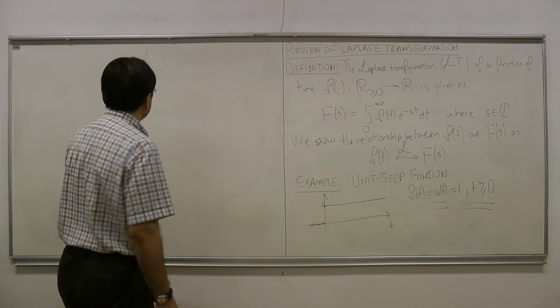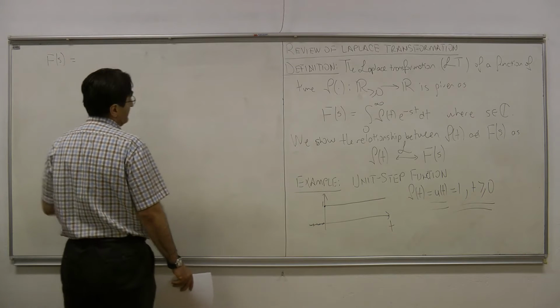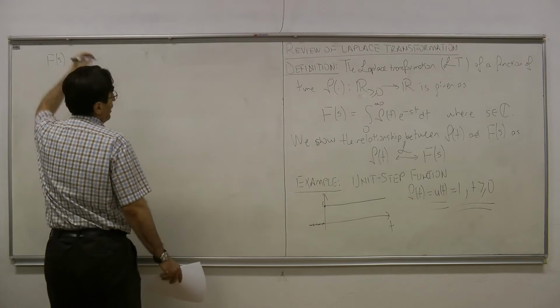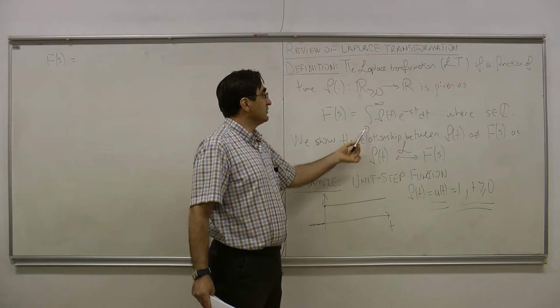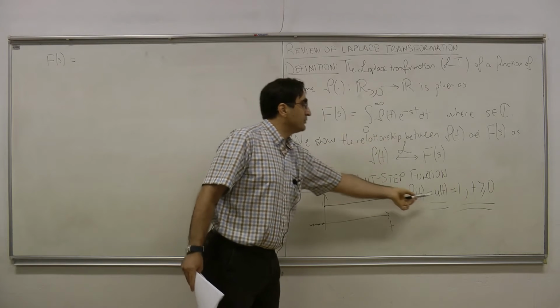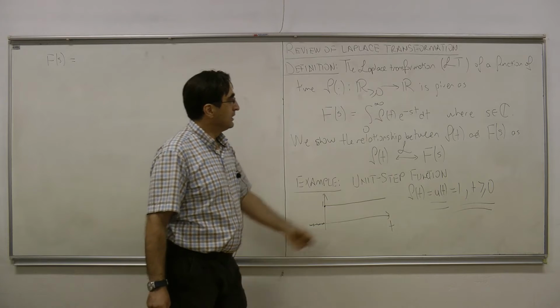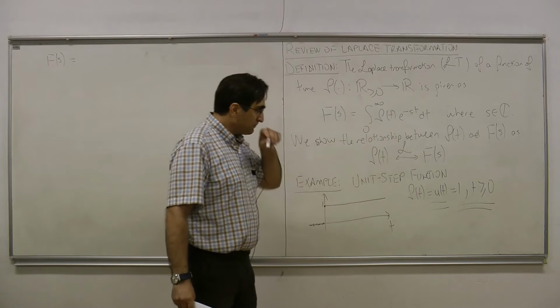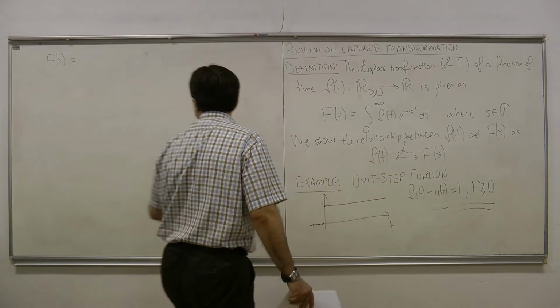So here let us calculate the Laplace transformation of the unit step. F of s is equal to, I will just use this definition. Here the integral is from 0 to infinity, and I will replace f of t with just the value of the unit function, which is equal to 1. Then that is going to leave only e to the minus st dt.